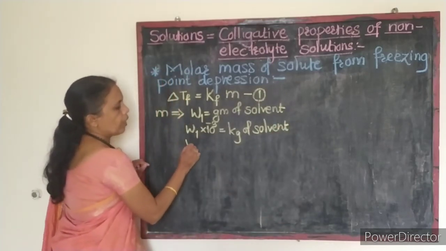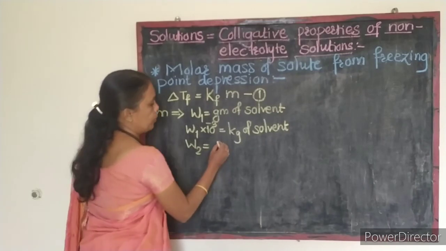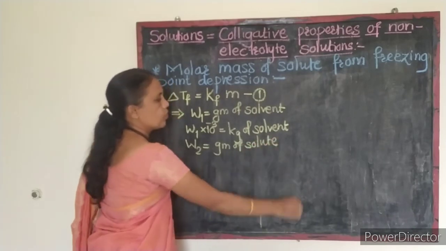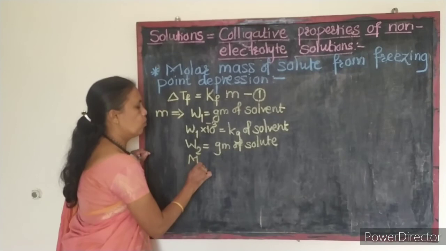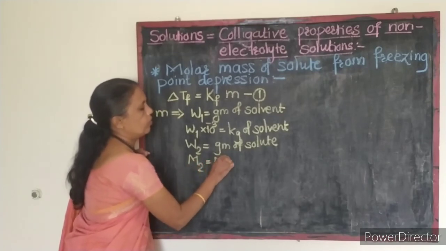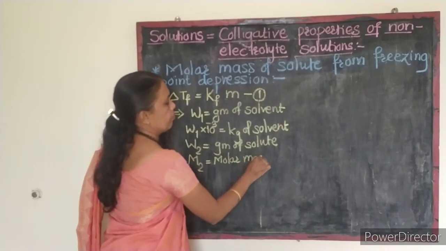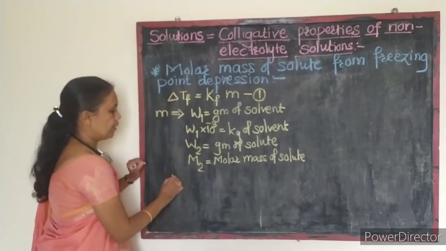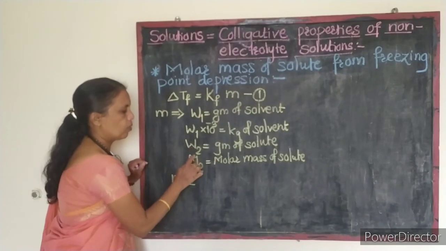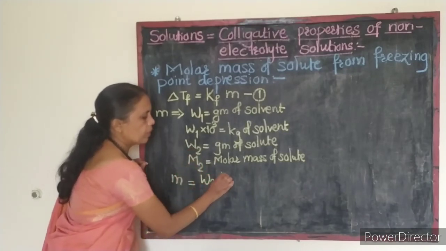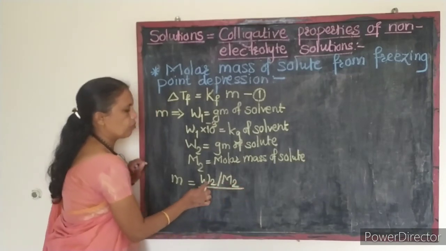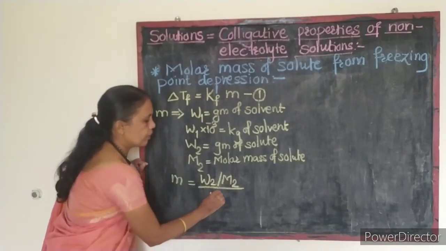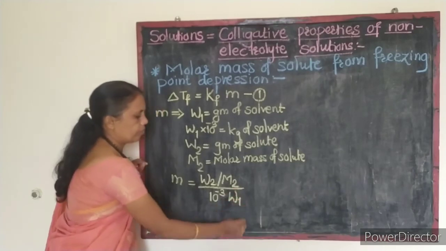Suppose W2 gram of solute is dissolved in W1 gram of solvent, and M2 is molar mass of solute. From definition of molarity, we can write M is equal to number of moles of solute, W2 by M2. Number of moles we can calculate by this formula W2 by M2. And it is again divided by 10 raised to -3 into W1.